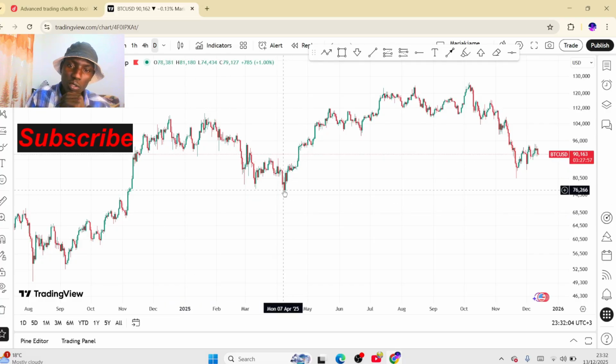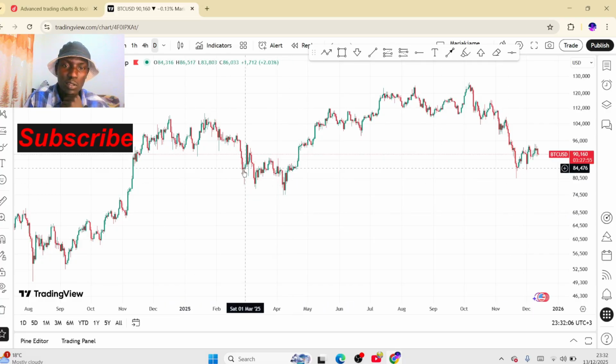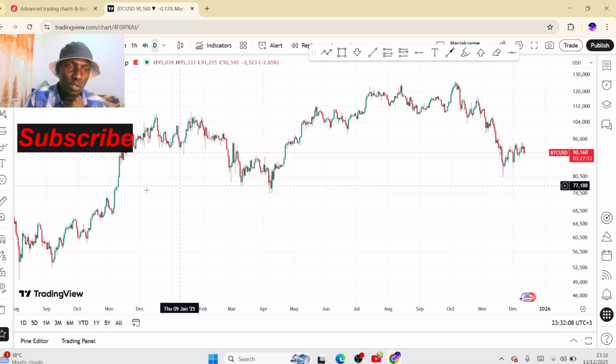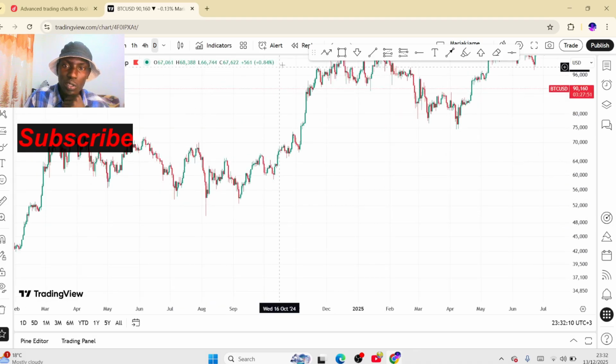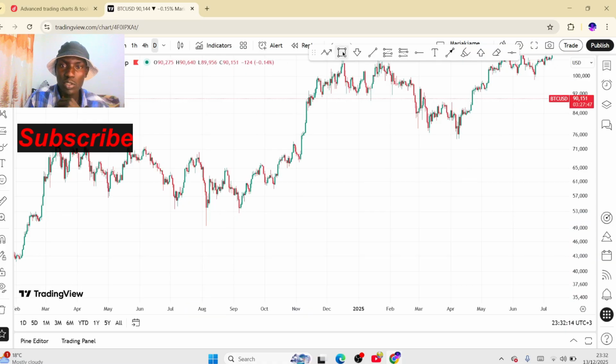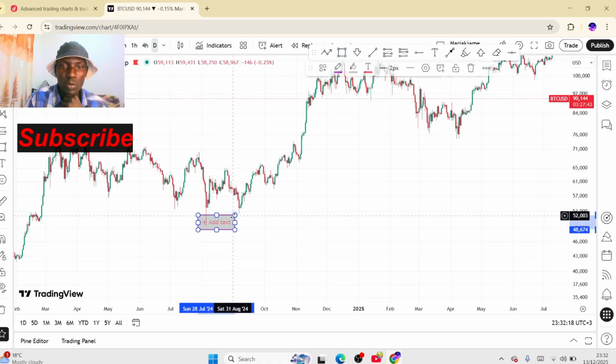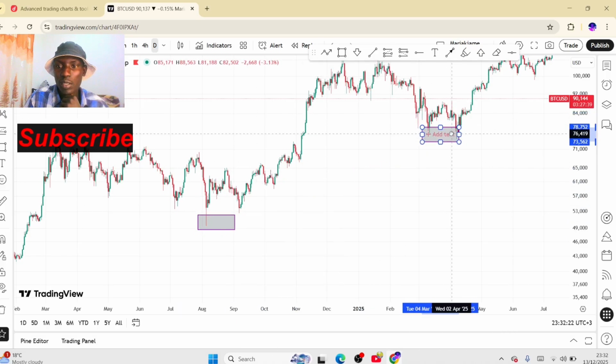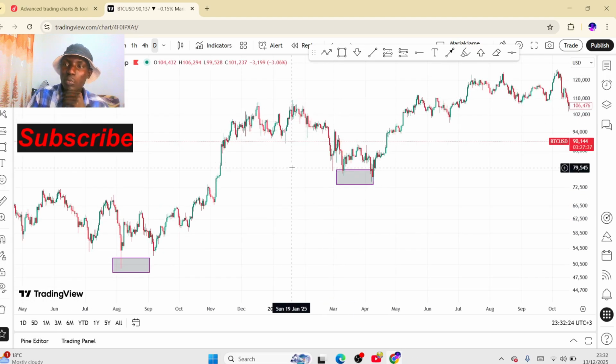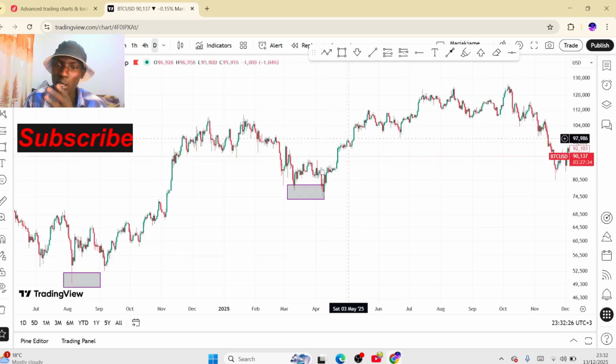We are seeing all these areas with rejections. This is what we call a wick. The small things that we are seeing, like pins, we are seeing here and different ones here. These areas are rejections, meaning those are potential zones that the market can react from.